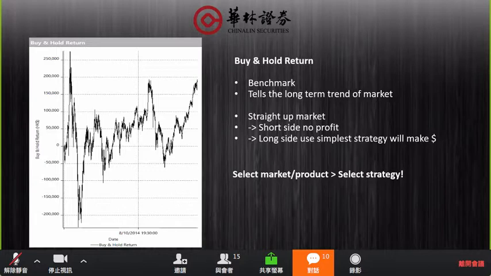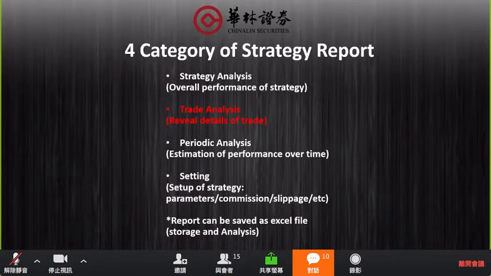Use a very simple long side swing strategy to capture the return. Because when the market is in trend mode, just use those trend strategies. It shouldn't perform worse than you expected. You should just make money. It's just a matter of the risk that you are taking or the leverage that you're trying to impose on it. Okay, well, the second thing would be the trade analysis.